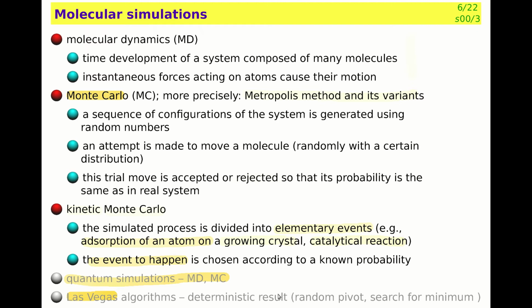So such types of algorithms are called Las Vegas algorithms. In Monte Carlo type algorithms, we are using random numbers, and that is, our results are statistically correct. The longer the simulation, the more accurate the result, but always the result depends on the random numbers we are using.